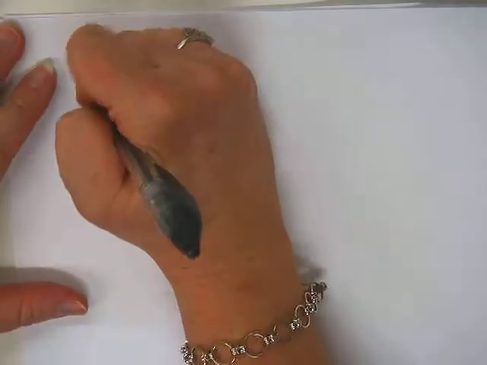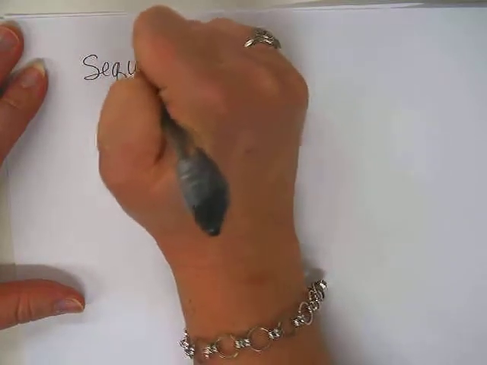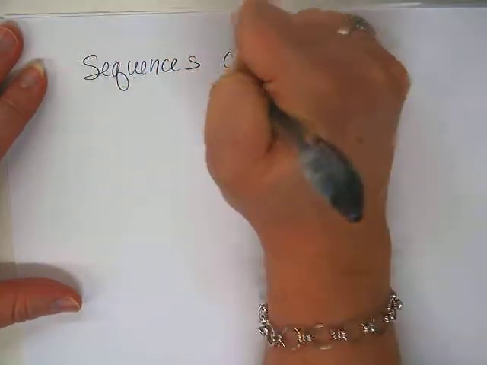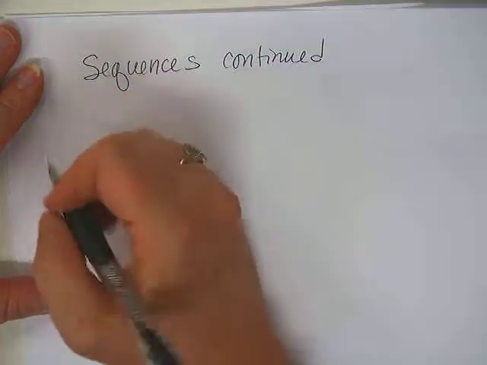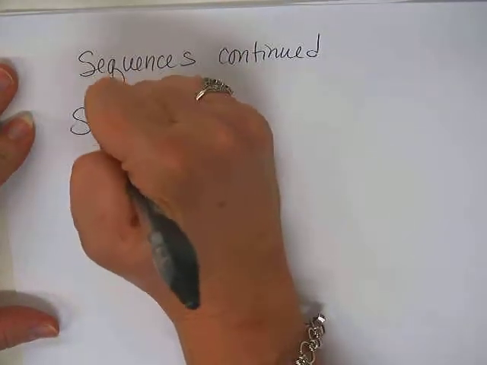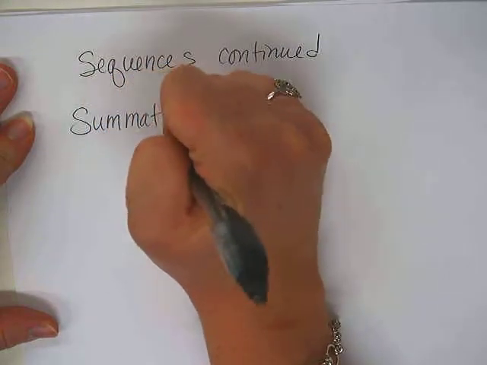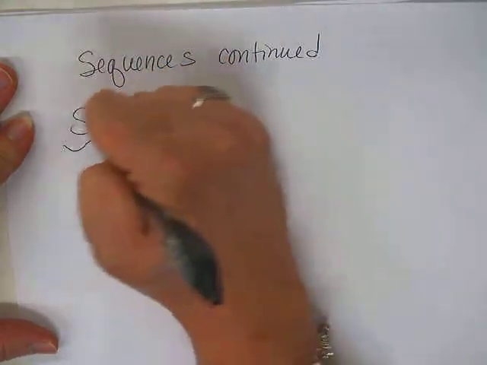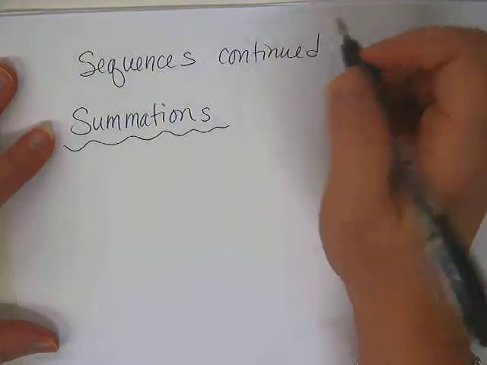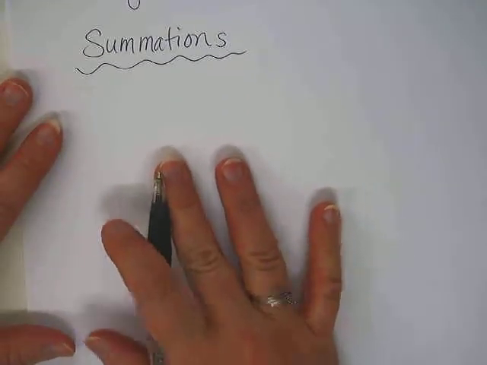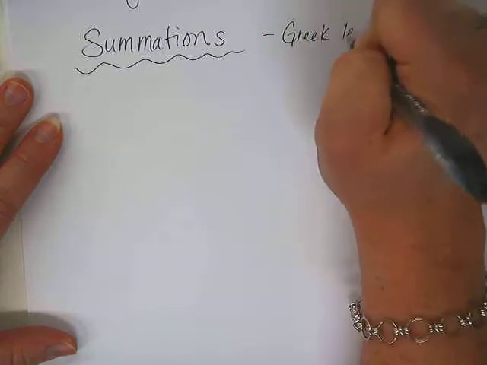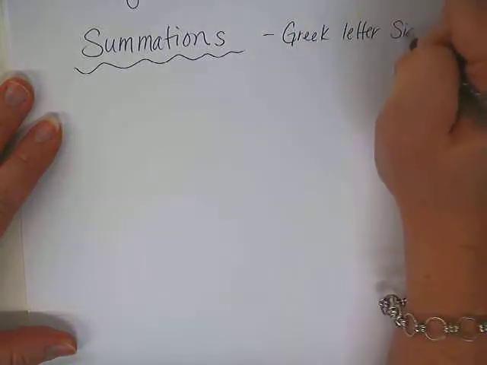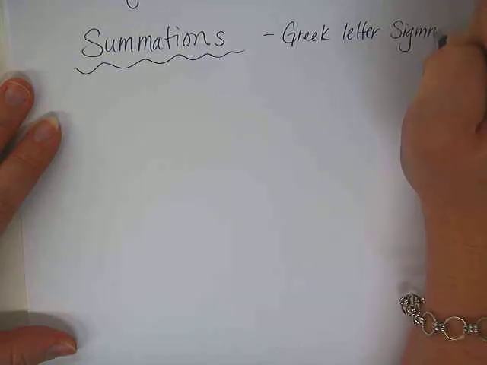The last thing we need to talk about with regards to sequences are actually called series. That is when you sum the numbers in a sequence. Okay, summations. We use the Greek letter sigma to indicate that we're doing a summation.